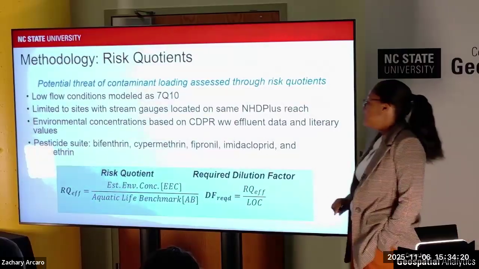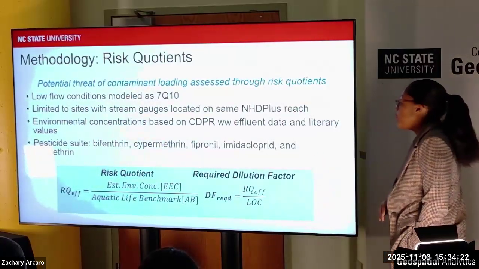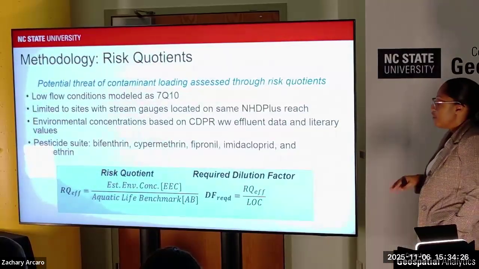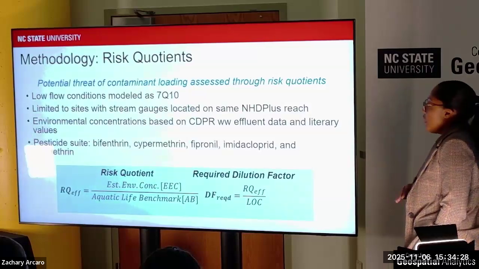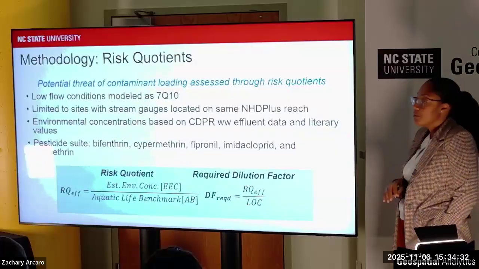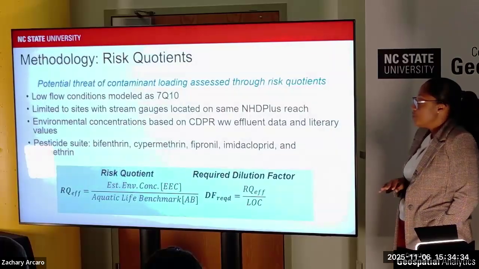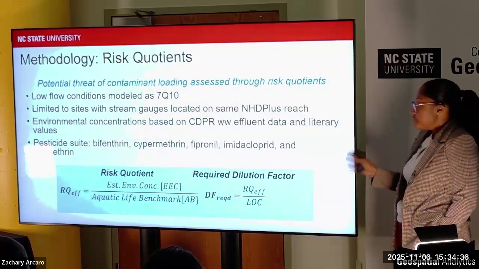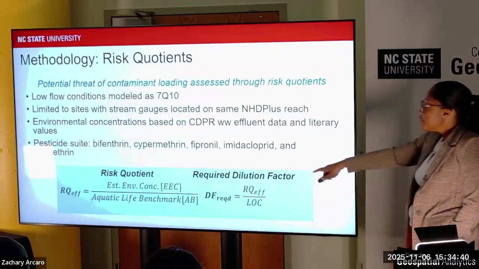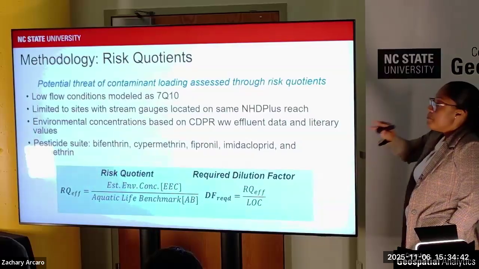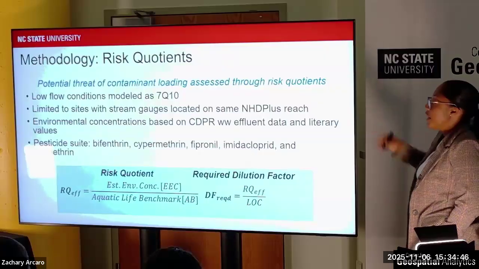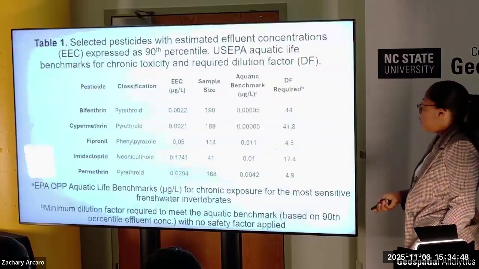Here, we're applying this through a risk quotient approach, where we have an estimated environmental concentration compared to a benchmark. Because this is not a new compound, we do have aquatic health benchmarks for chronic exposures to pesticides that EPA has published. Based on that, we're able to identify the minimum dilution factor that is needed to not pose a threat to that community.